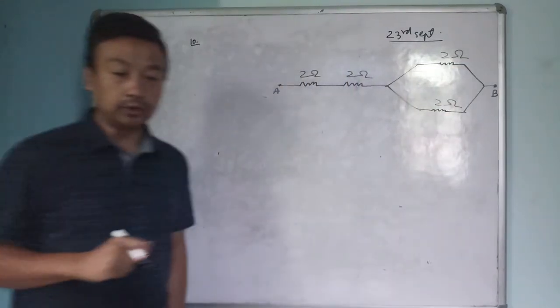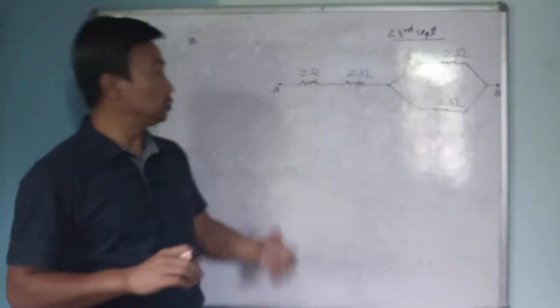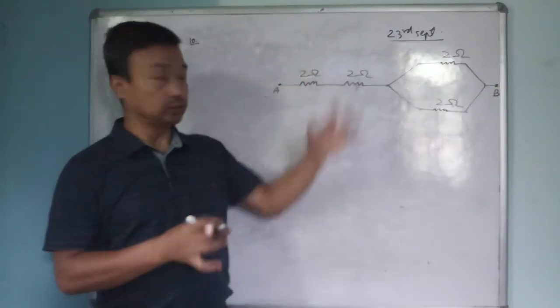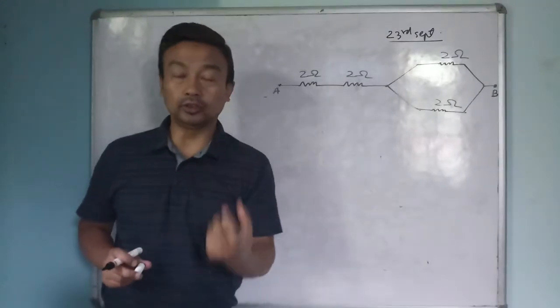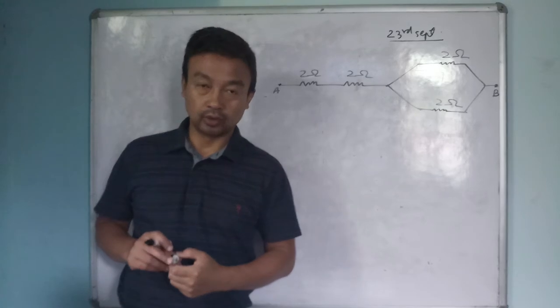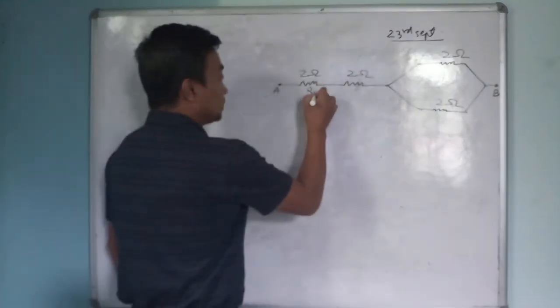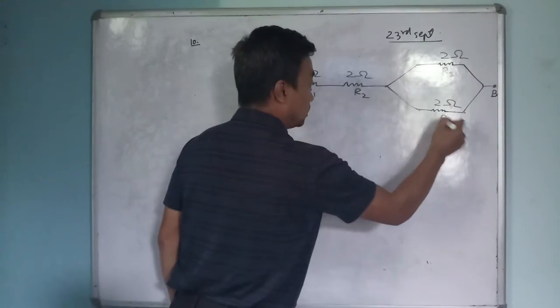Okay, so now you have to find the equivalent resistance between the points A and B. That means the 4 resistors you have to reduce and make into a single resistance, and that will be your equivalent resistance. Let us name these R1, R2, R3, R4.